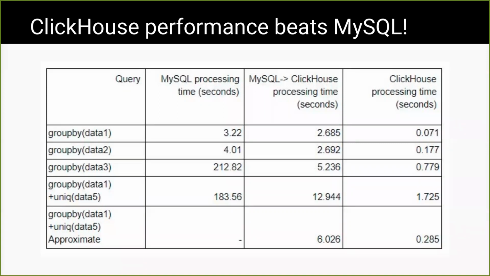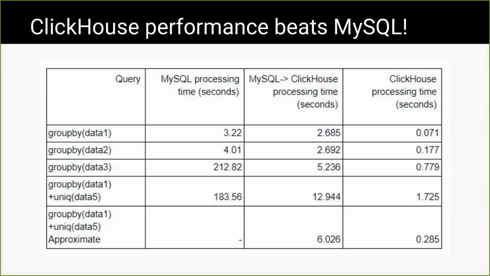We have a relatively large table and we're running group bys on it, which is an operation ClickHouse does very efficiently. When we run the query in MySQL, looking at the third line, one of these group bys takes something like 212 seconds. However, in ClickHouse, it only takes 5 seconds.